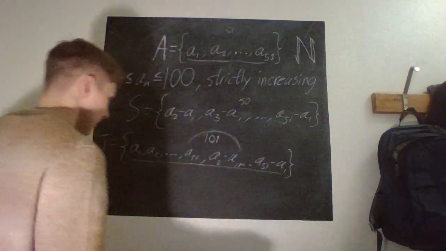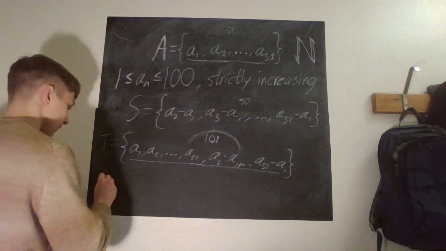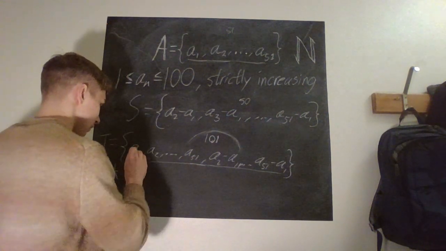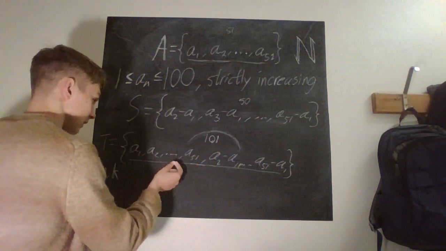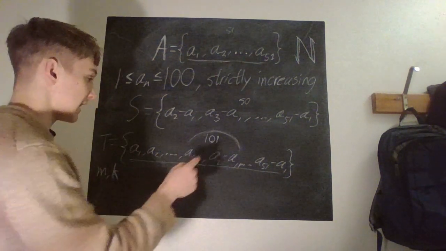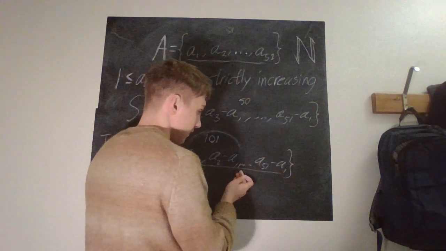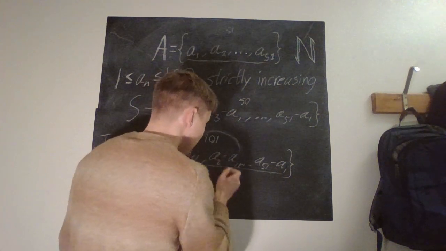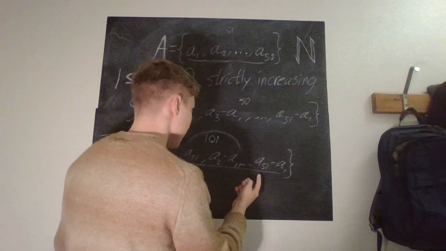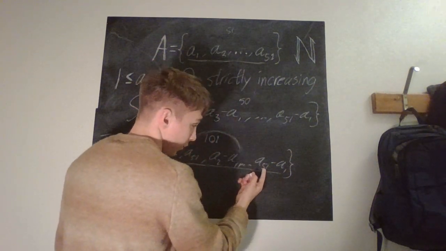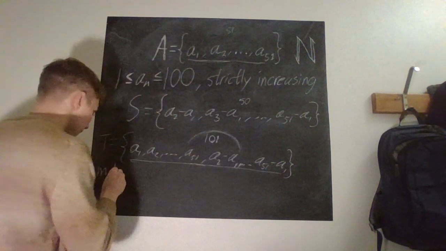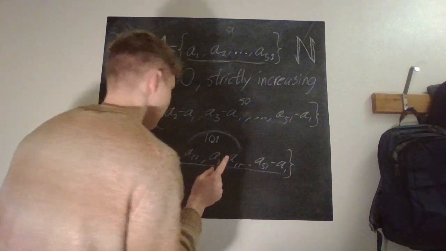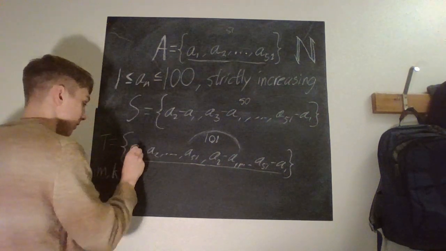So therefore, there has to exist, let's call the indices M and K, such that M is the index of the first element in the pair, and K is the index of the second element in the pair, minus 50, because here we don't want 101.